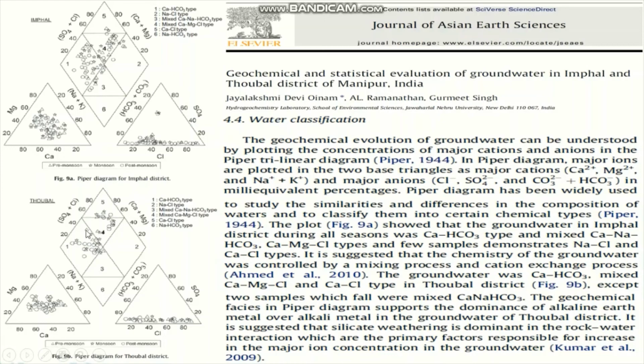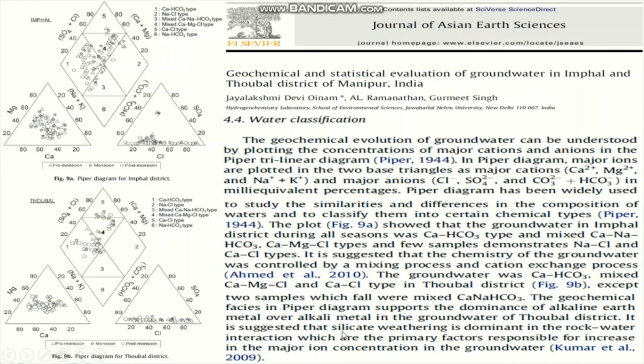Right side is dominance of alkalis, left side is alkalinity. Here most of the samples are present over the left side. So here they have given dominance of alkalinity. That is the basic interpretation from the overall Piper trilinear diagram.